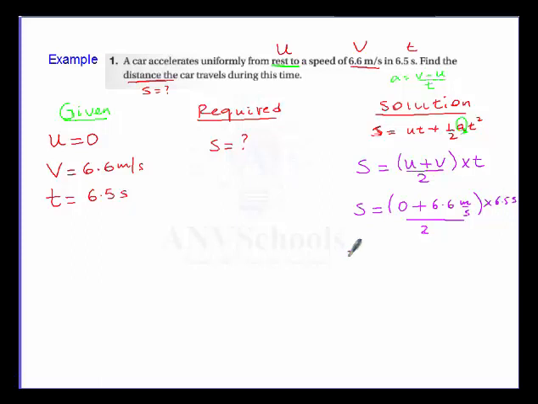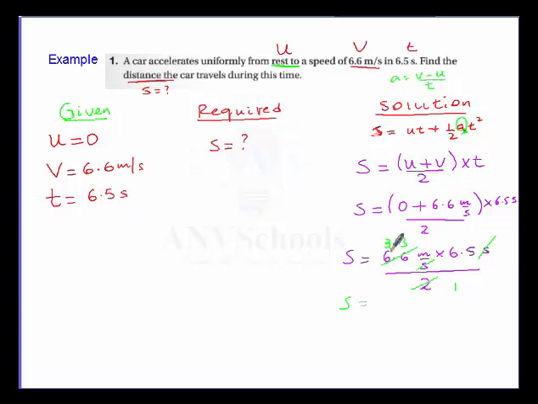Now let's simplify. I will cancel out this second by this second. The total distance is 6.6 divided by 2, which is 3.3, so 3.3 multiplied by 6.5. You can use a calculator to find the product.